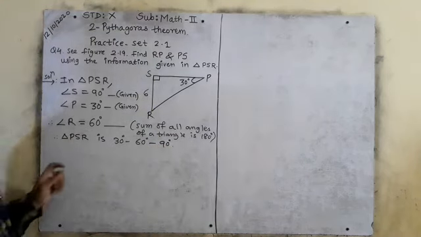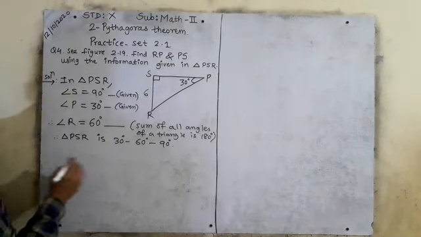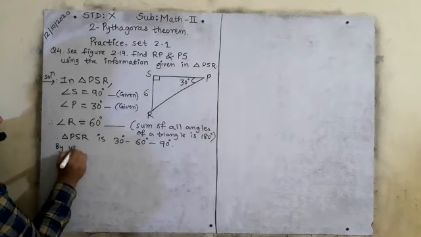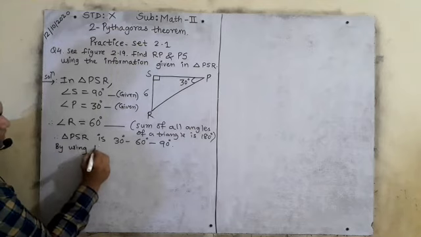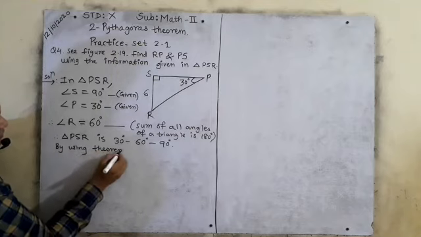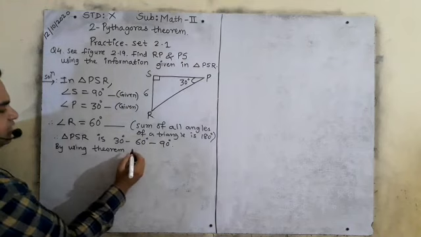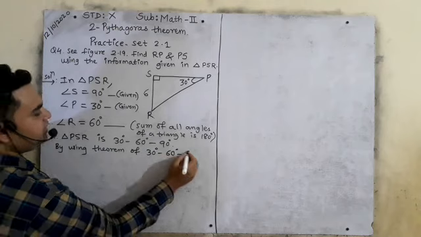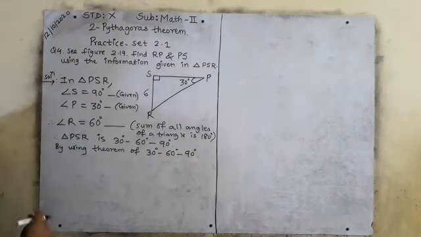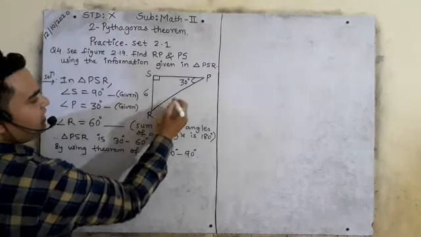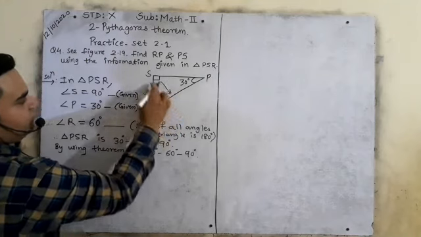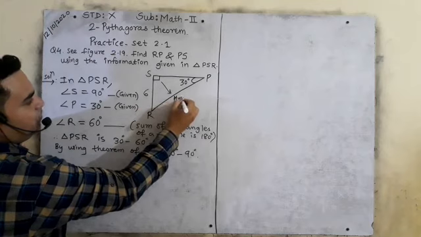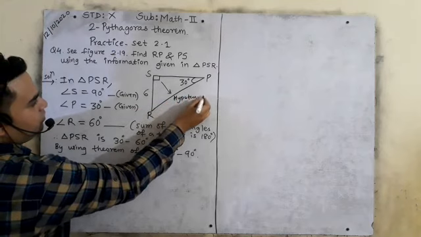So we will utilize here the property, by using the theorem of 30 degree, 60 degree and 90 degree. We can say PR is the hypotenuse, opposite the side of 90 degree. So PR is the hypotenuse, yes or no?